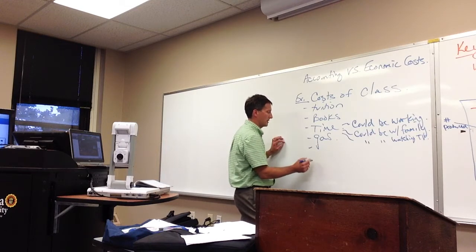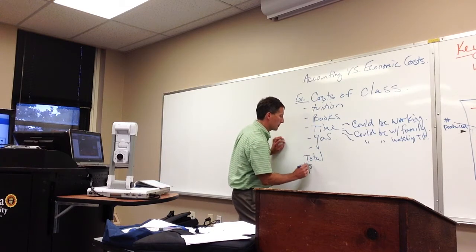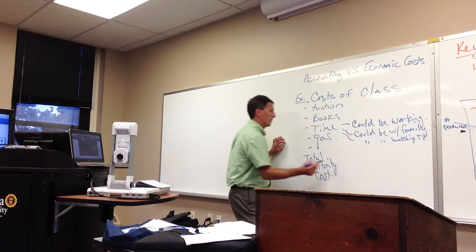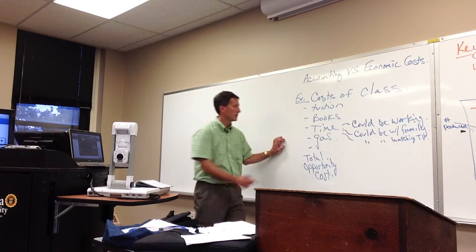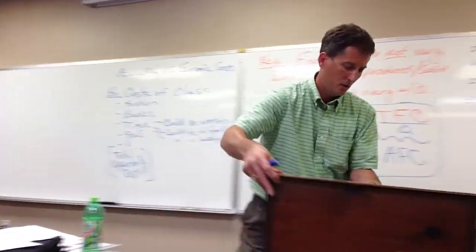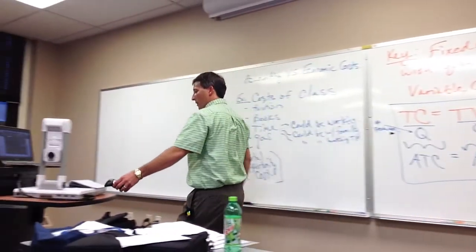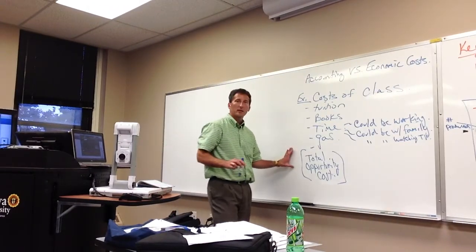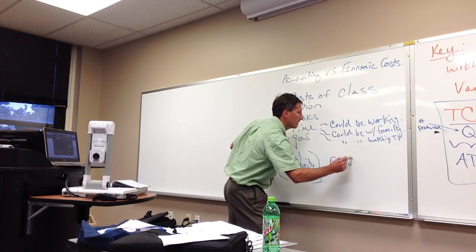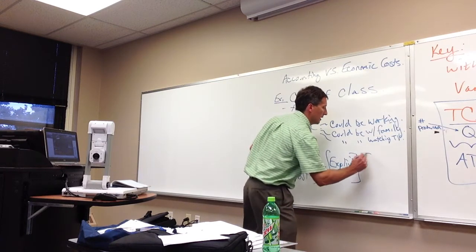So total cost, and let me be a little bit more specific, total opportunity cost, which is the opportunity cost that we were talking about earlier with Tom and Jen, has two components: explicit cost and implicit cost.